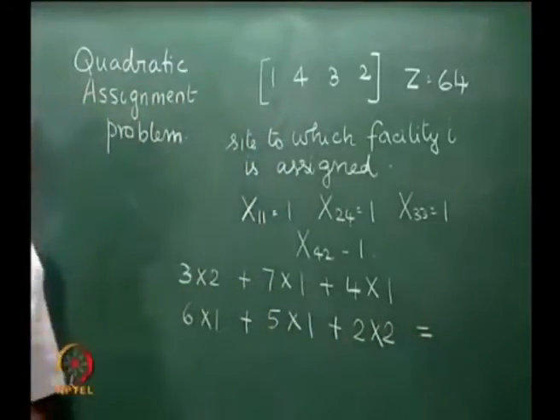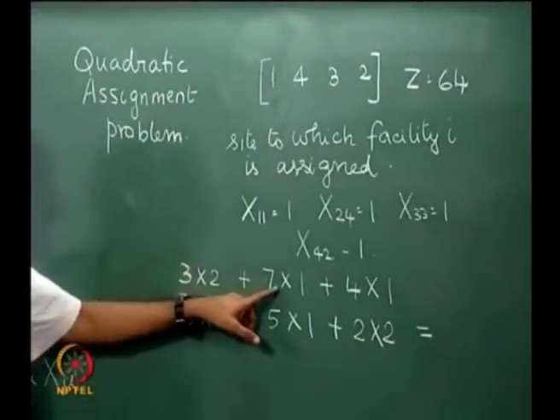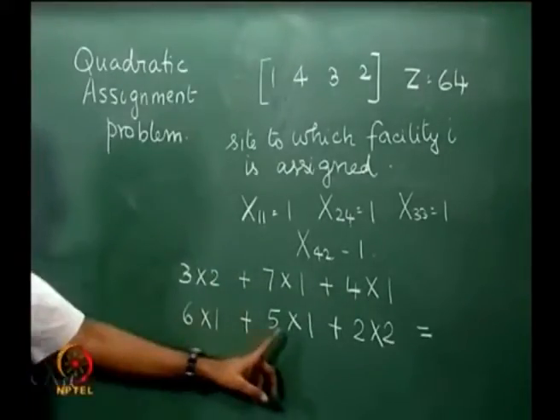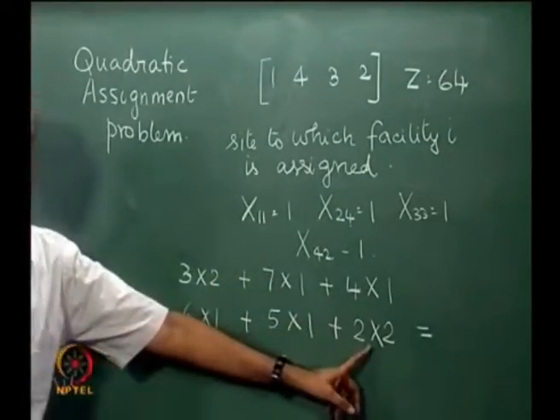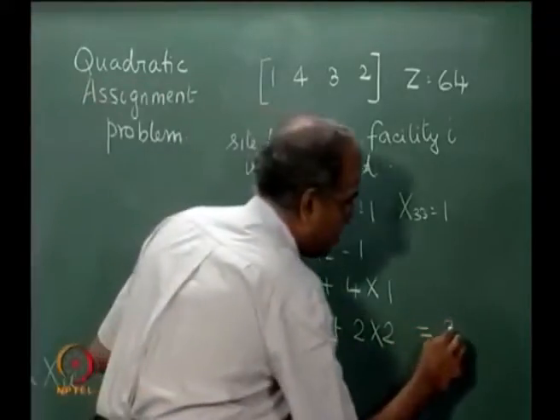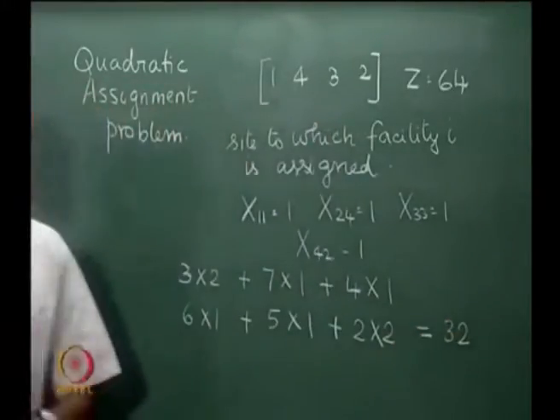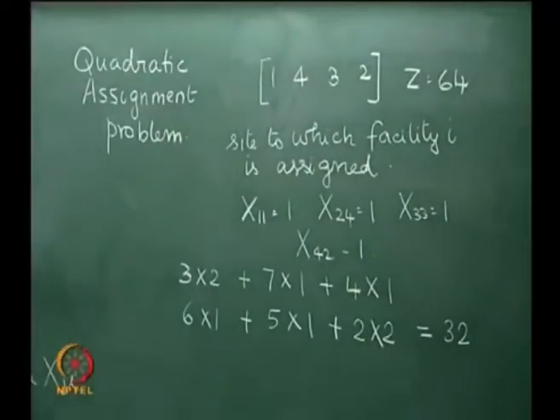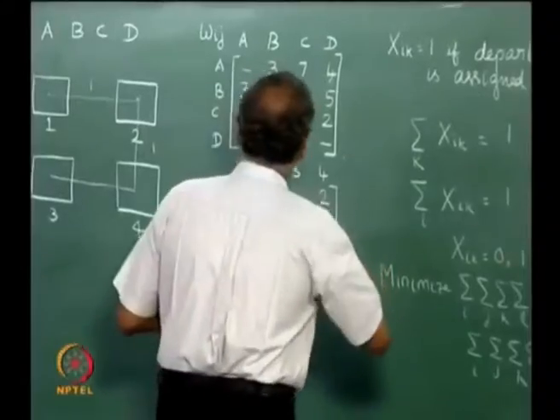So, the sum of all these is 6 plus 7 is 13, plus 4 is 17, plus 6 is 23, plus 5 is 28, plus 4 is 32, and due to symmetry we have another 2. Actually, we should be multiplying this interaction.